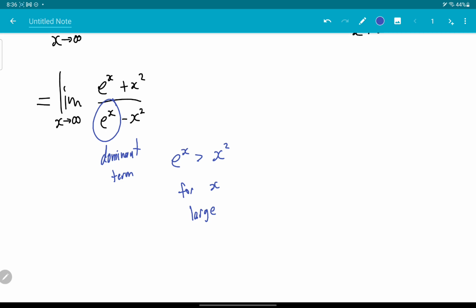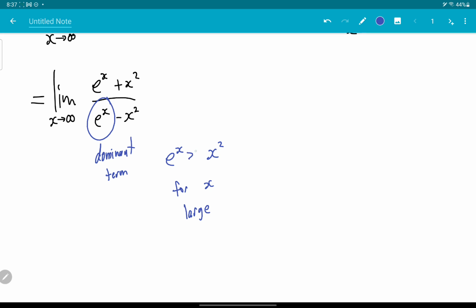It's even better than that. Sometimes we do a double inequality to indicate that e to the x is much bigger than x squared. If you think about that, the exponential function grows a lot faster.